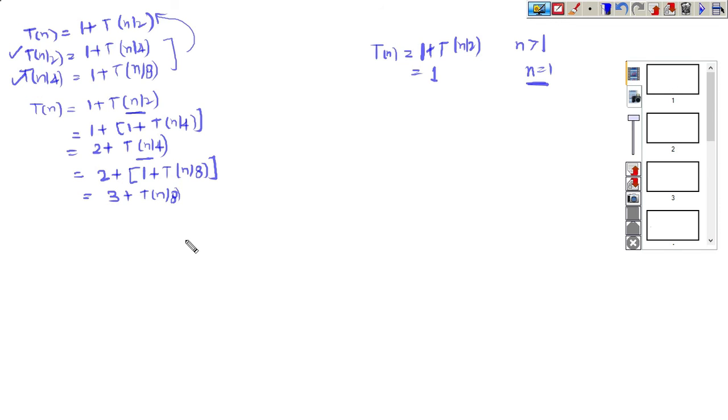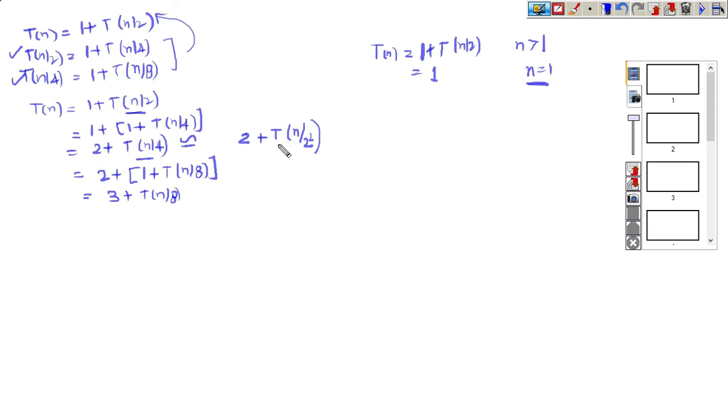We need to find our generic term. If you try to make a general term, you will find this is 2 squared. So let me make a generic term. I will say that this is actually 2 plus T(n/2^2).